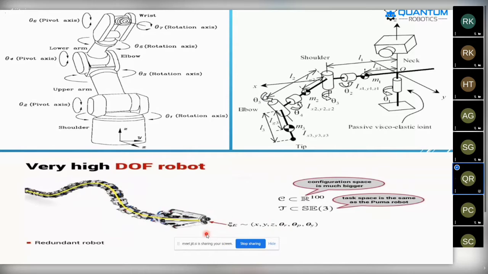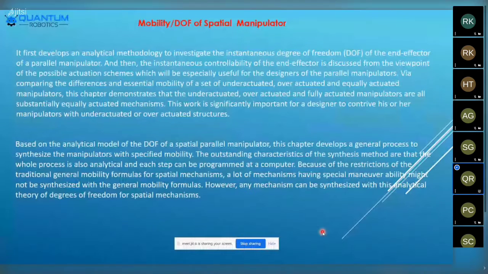And it cannot let even a single drop of water inside. Okay. And here we have certain calculations, and x, y, z, theta, r, p and y are going to represent the particular axes. Okay. Now we go on to another topic, mobility and degrees of freedom of spectral manipulators.